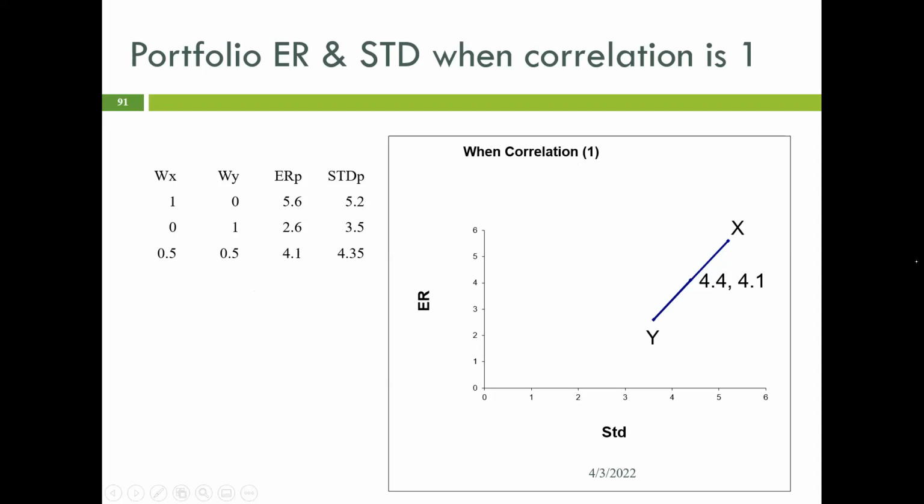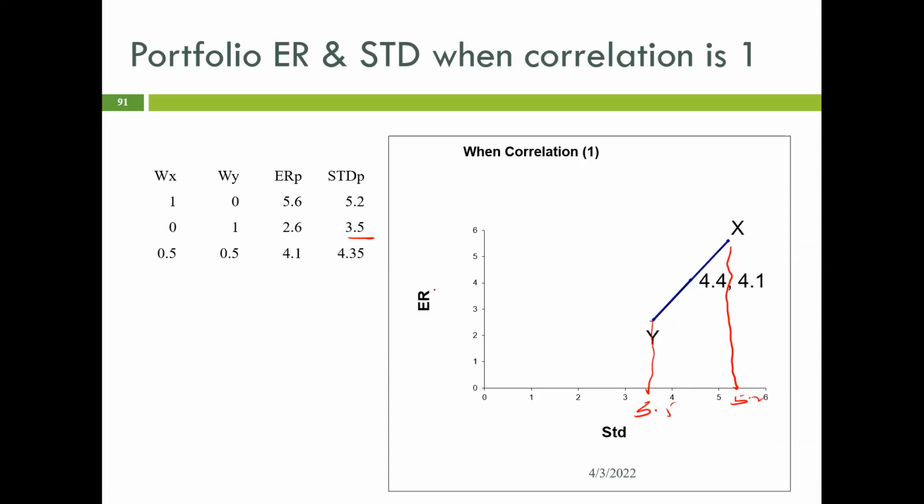This is the risk of stock X, no, stock X is 5.2. This is stock Y risk, that is around 3.5. So beyond this 3.5 you can't reduce the risk.